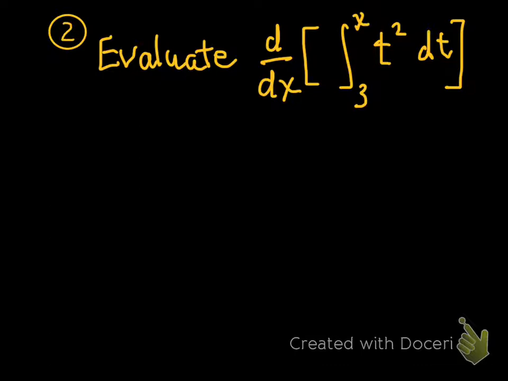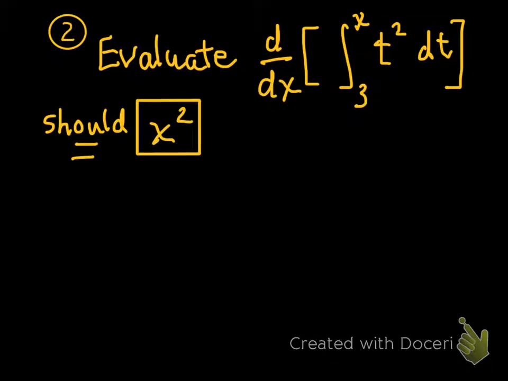First of all, what should that equal if I use the shortcut for FTC2? Well, you said earlier that the derivative and the integral kind of undo each other, and you slap in that upper limit in place of the t. You should just get x squared when the dust clears. All right, let's verify that.